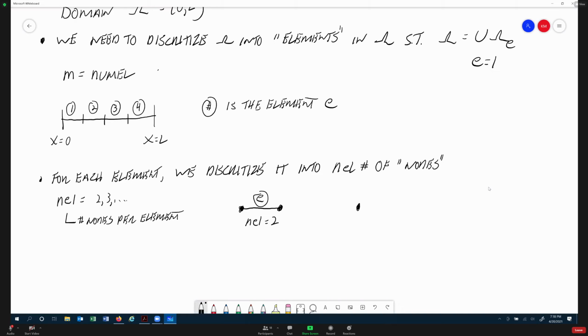Or, let's call this E1, E2. Actually, sorry, this is one element, E, the whole thing, and we have NEL equal to 3. So it's one element represented with 3 nodes.